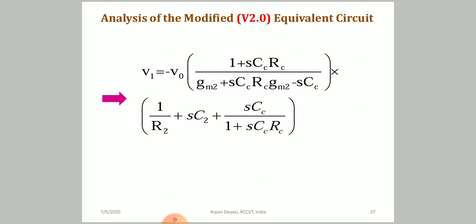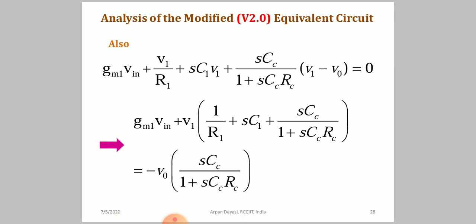I have solved it in detail, writing here. Then go to the input side, where another similar expression will naturally come, so you will get a relation between V1, Vin and V0. Vin is the arbitrary third-party parameter we have considered for calculation.